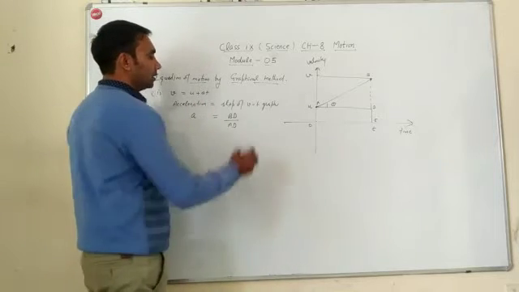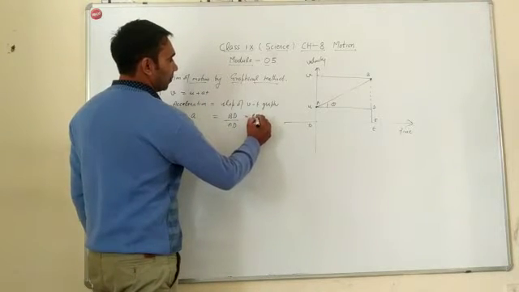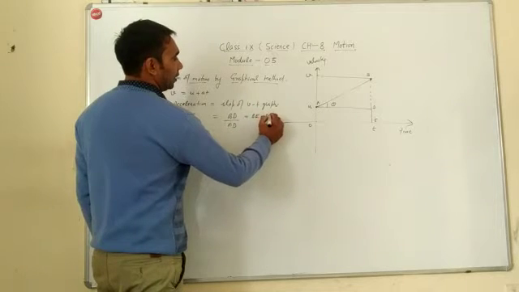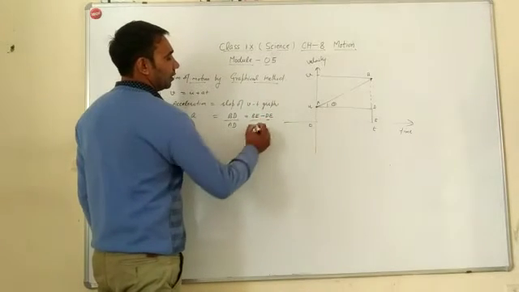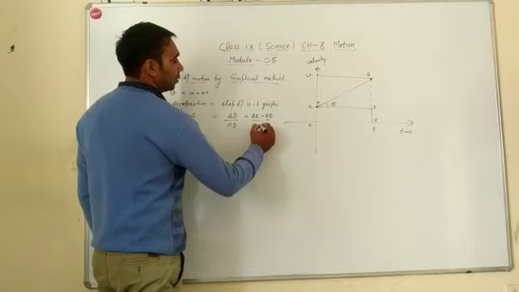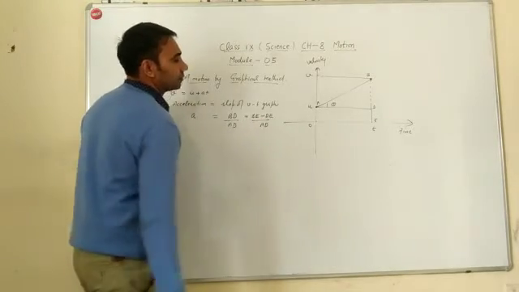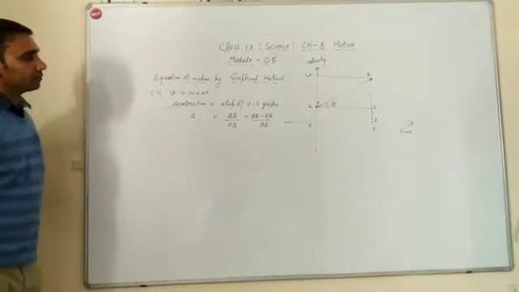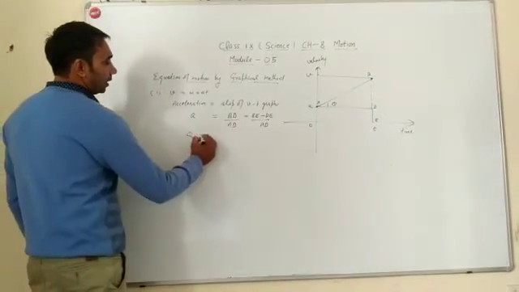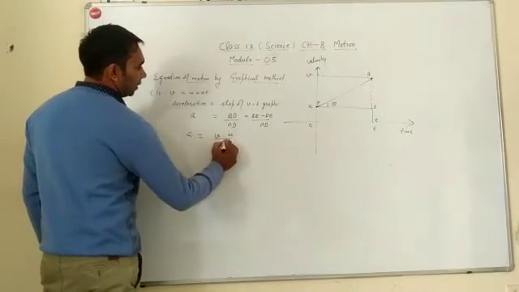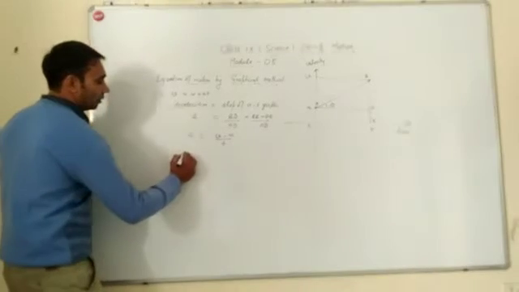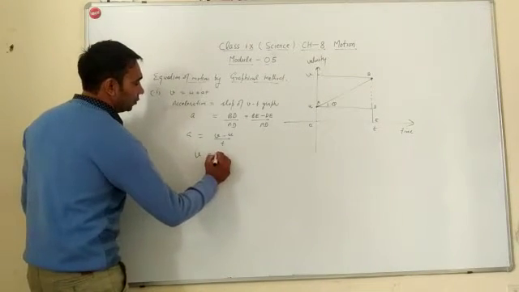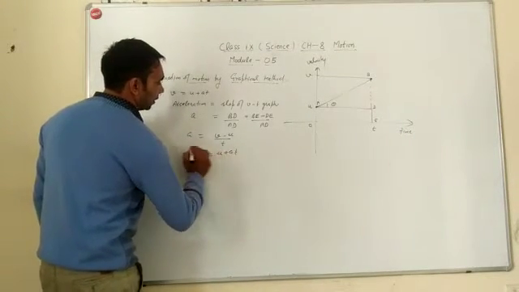BD can be written as BE minus DE divided by time AD. So a can be written as v minus u divided by t. Therefore, v is equal to u plus at.